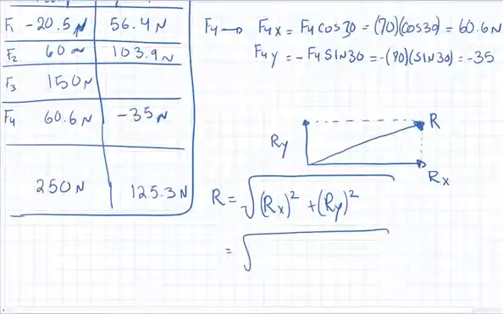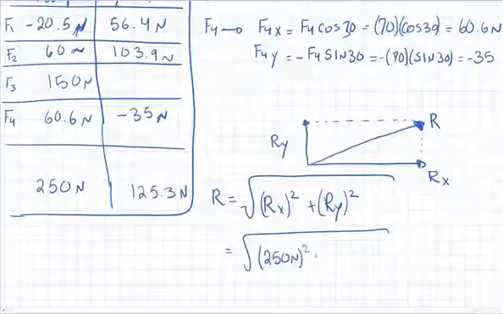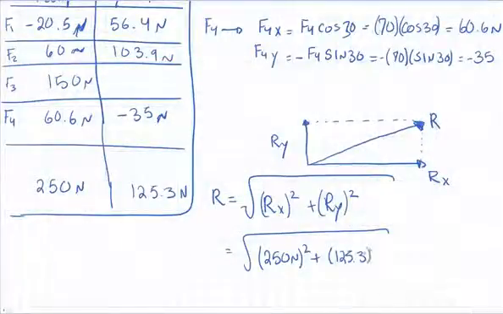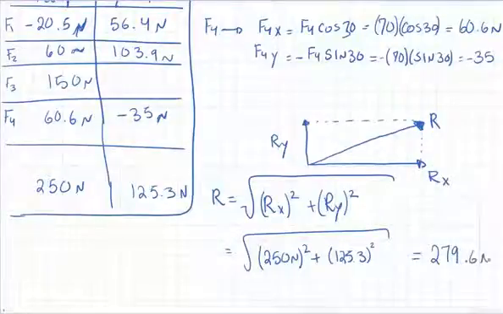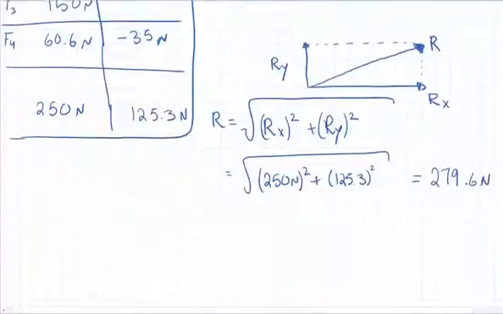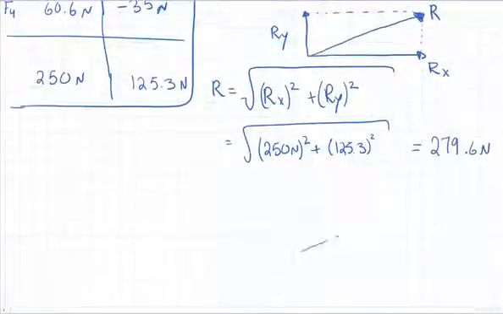If I plug numbers in, that is 250 newtons squared plus 125.3 newtons squared, and that will give me a value of 279.6 newtons.